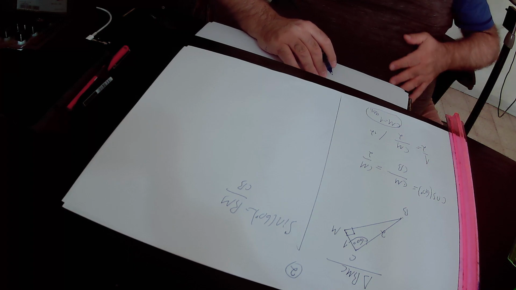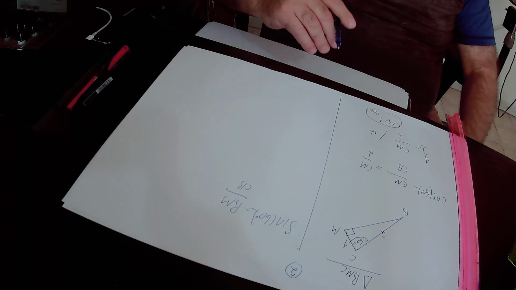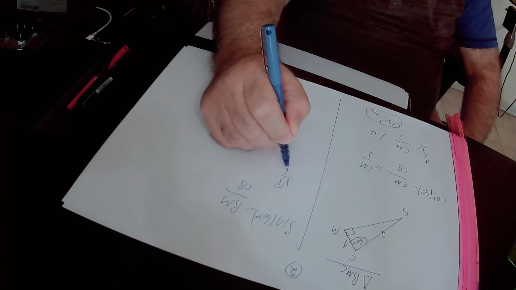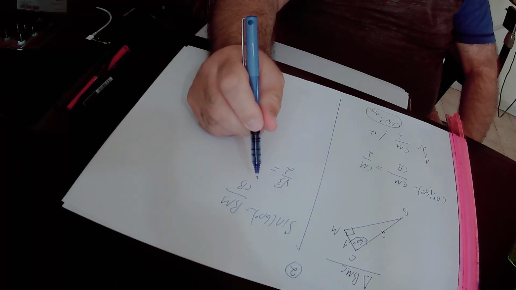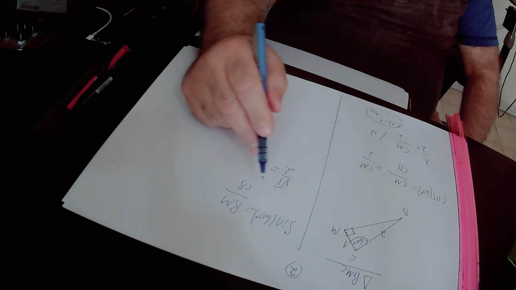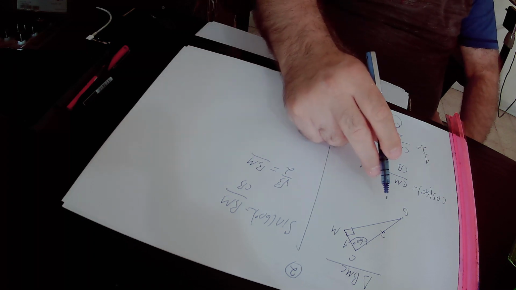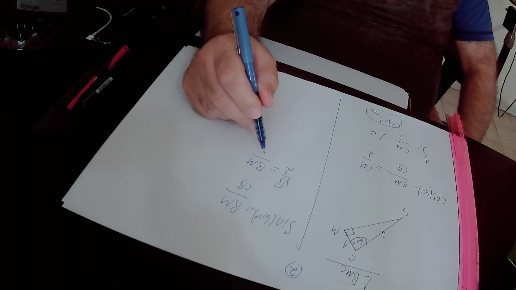Sine of 60 degrees is square root of 3 over 2, so we substitute sine of 60 degrees by square root of 3 over 2, and it is equal to BM. BM is the missing line segment, so we leave it as it is, over CB. CB equals 2, so we will substitute CB by 2.